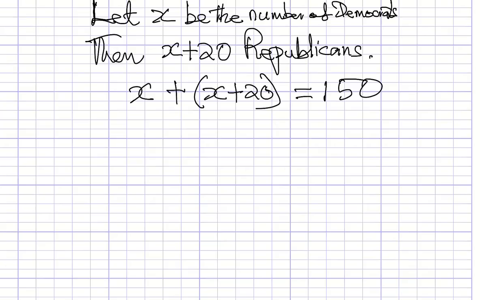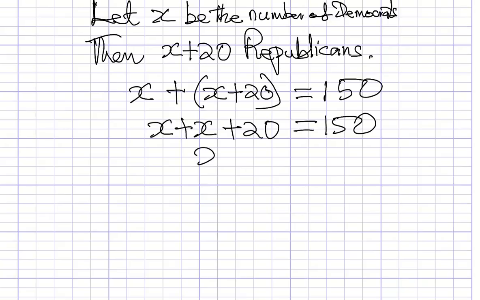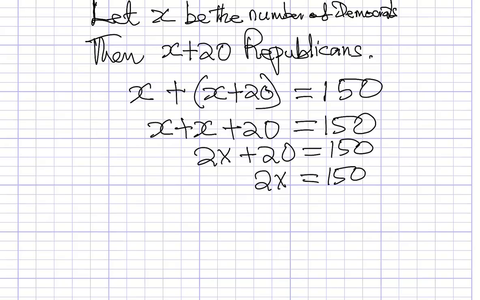That's what that problem is saying. So basically, we need to solve for X. This is a linear equation in one variable. So you combine the left side. You remove the bracket first. You have X plus X plus 20 equals to 150. This one is not that difficult. It's like the last one we did. And then you have 2x plus 20, right, equals to 150. So you move the constant to the right side. You have 2x is equals to 150 minus 20.